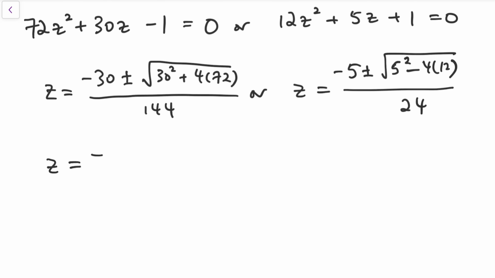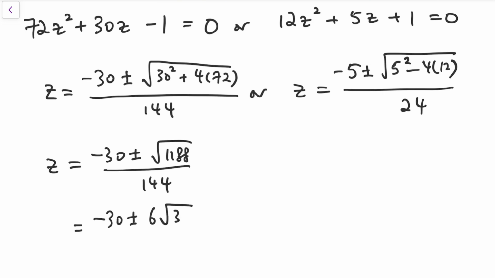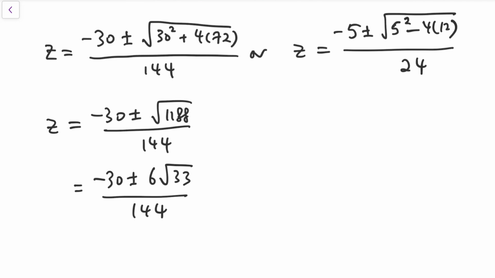So simplifying, we have root 1188, and if you want to simplify, it's actually equal to 36 times 33, and so we have -30 plus or minus 6 times root 33 over 144, and we can rewrite the coefficients, and so we have just (-5 ± √33)/24.